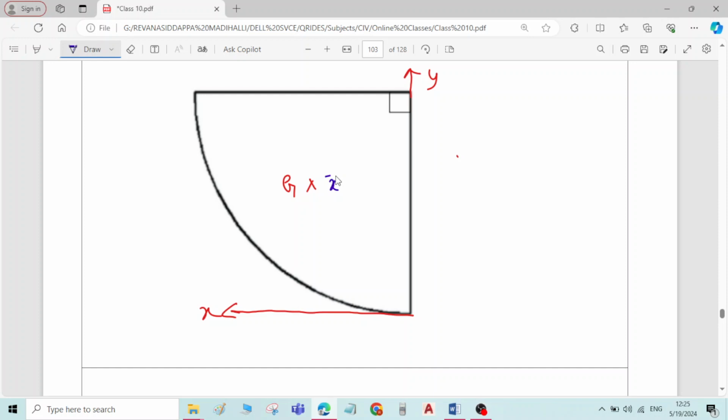X bar is equal to 4r by 3 pi with a negative sign because of the second quadrant. And what about y bar? From this line the distance of the centroid is 4r by 3 pi. We want the distance from this point, this line, so it will be equal to r minus 4r by 3 pi.